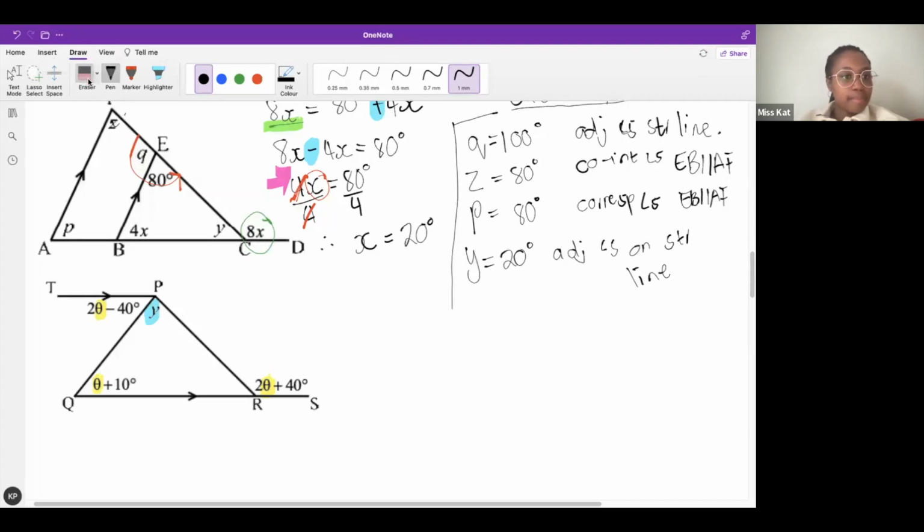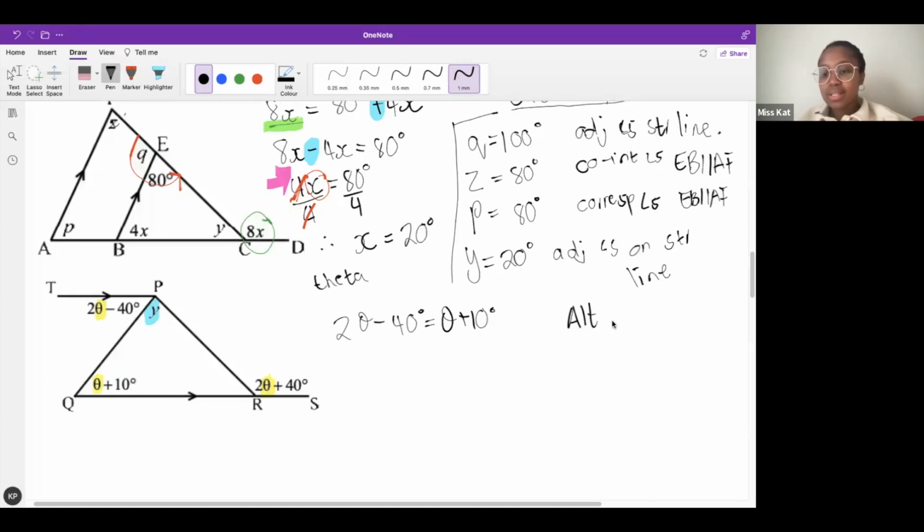We're gonna say 2 theta minus 40 degrees is equal to theta plus 10 degrees. Nice. What's our reason? Alternate interior angles.